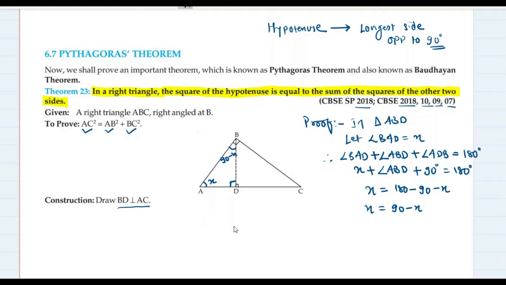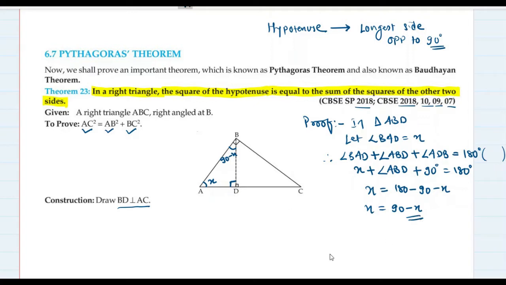I did not start directly with similarity. First, I took one of the smaller triangles and I considered one of its angles as x and found the other angle, that is angle ABD, by angle sum property. Here you have to mention that angle sum property, and I found angle ABD to be 90 minus x because I knew angle ADB to be 90.